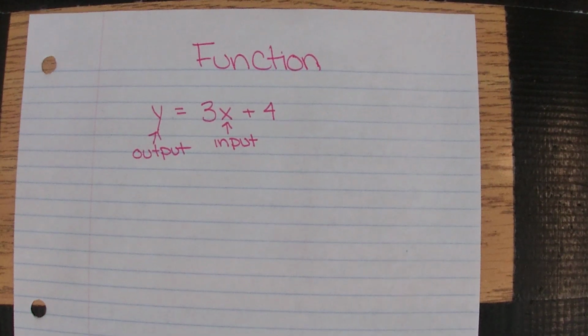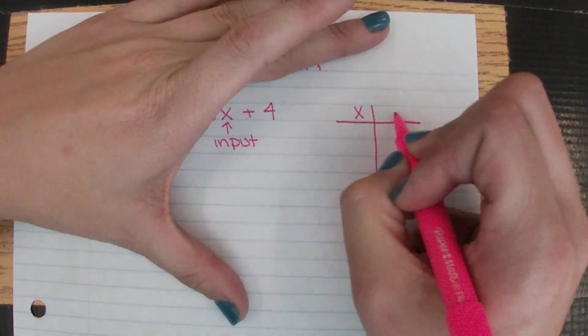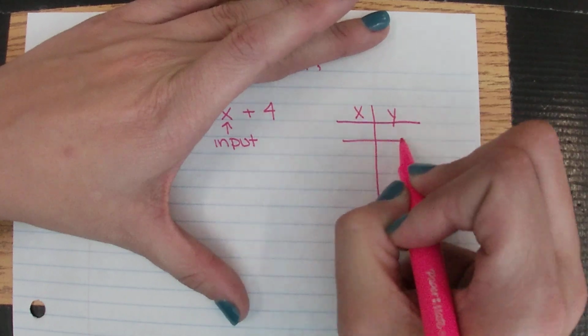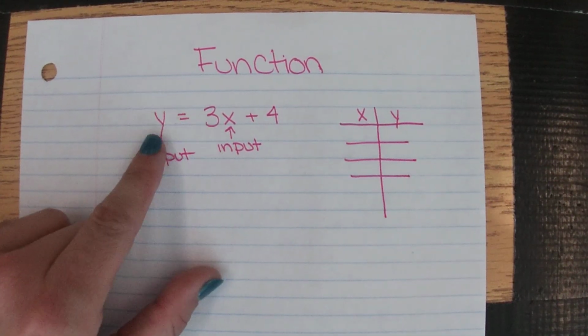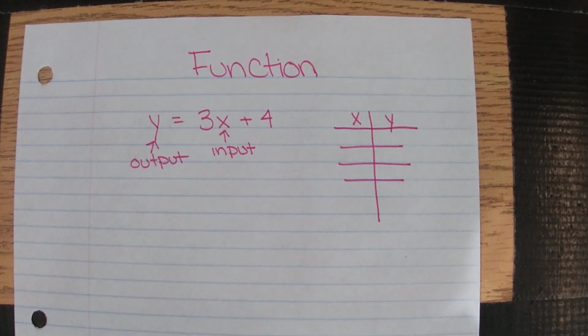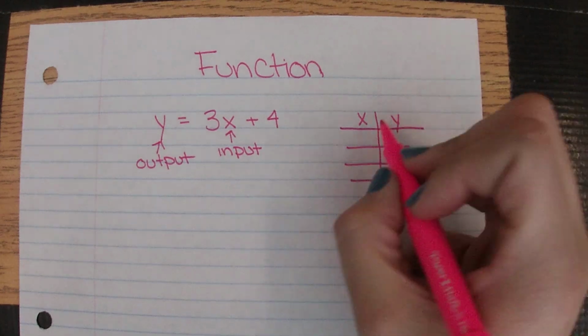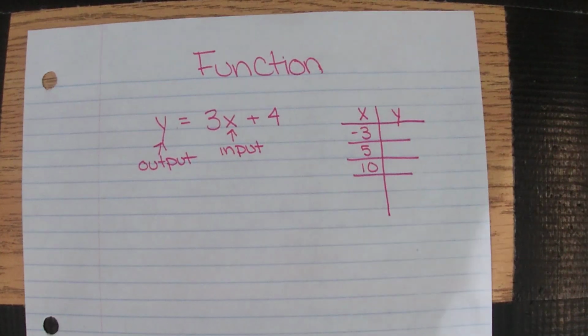And we can think about this in a lot of ways, whether it's any of the other representations we've talked about. I'm going to start by looking at a table. Maybe I'm given the function rule y equals 3x plus 4, and I know that I have some input or x values of -3, 5, and 10.